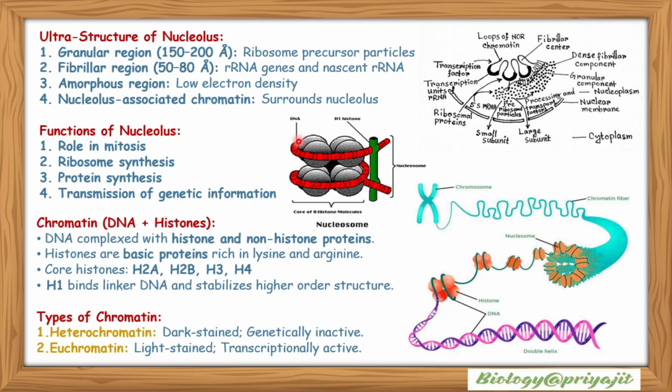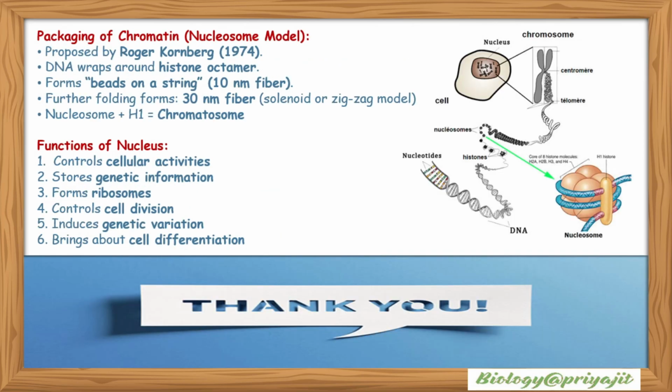This is the nucleosome. Types of chromatin: this is the higher order structure of the chromosome. Heterochromatin is darkly stained and genetically inactive. Euchromatin is lightly stained and transcriptionally active. Packaging of chromatin was proposed by Roger Kornberg in 1974.